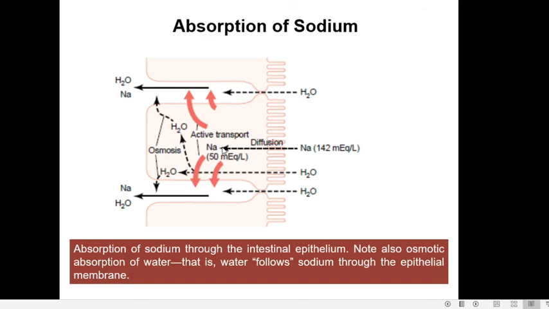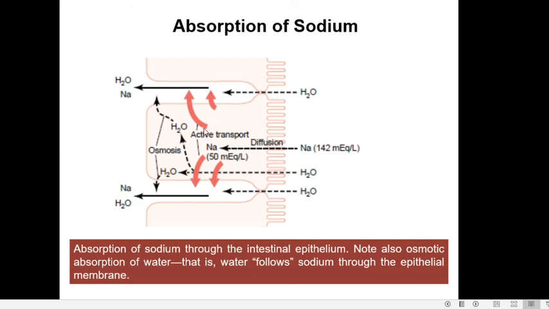Now why is there such a concentration gradient? Why is this always 50? If it increases, the diffusion will slow down, and if the concentration on both sides becomes equal, the diffusion will stop. So for maintaining this gradient, the pumps located on these membranes will forcibly pump sodium out into the paracellular spaces, and that is active transport.